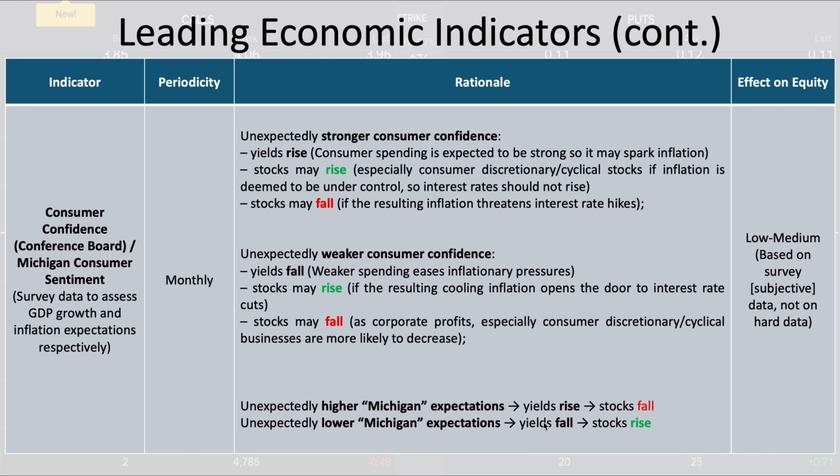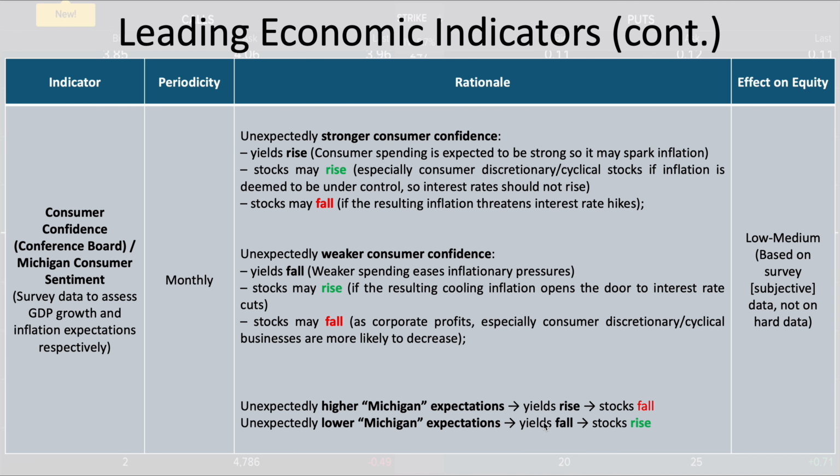If it comes in unexpectedly higher, the likelihood of interest rate increases in the future is higher, and so stocks tend to fall. But if it comes in unexpectedly lower, the opposite happens. Yields tend to fall and stocks will rise. But again, it's a low to medium impact on equity, and by extension on equity options. So usually these do not have much of an impact on the market.